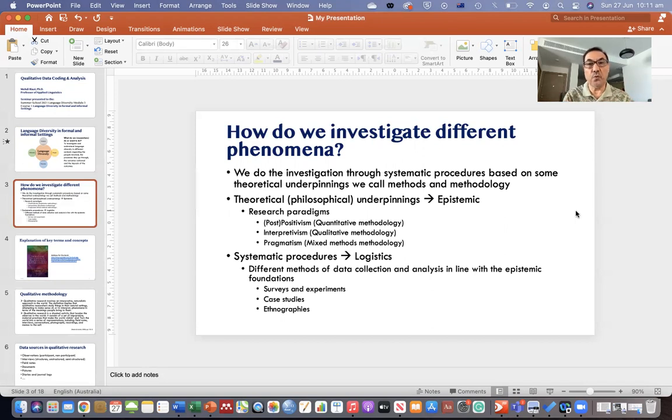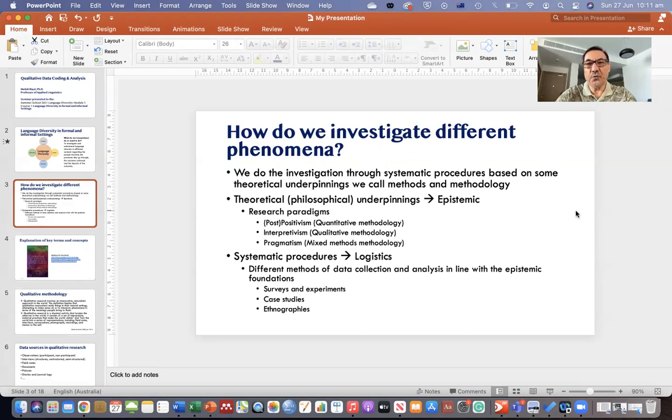So these relate to theoretical underpinning, and usually researchers, consciously or unconsciously, when they choose data sources and analytical procedures, subscribe to one of these three paradigms. On the other hand, systematic procedures or methods refer to the logistics of collecting and analyzing data. And different methods of data collection and analysis are usually in line with the epistemic foundations.